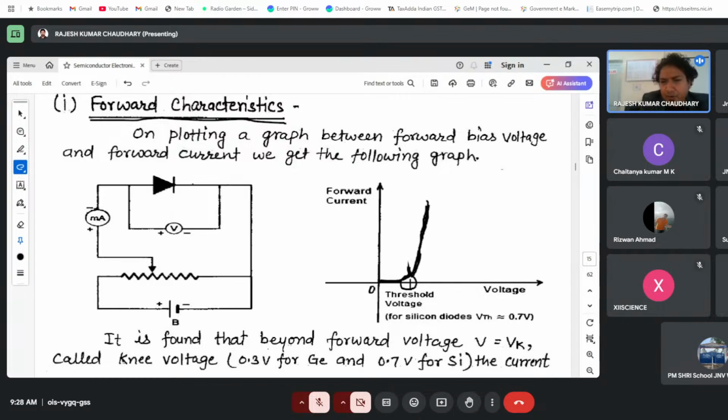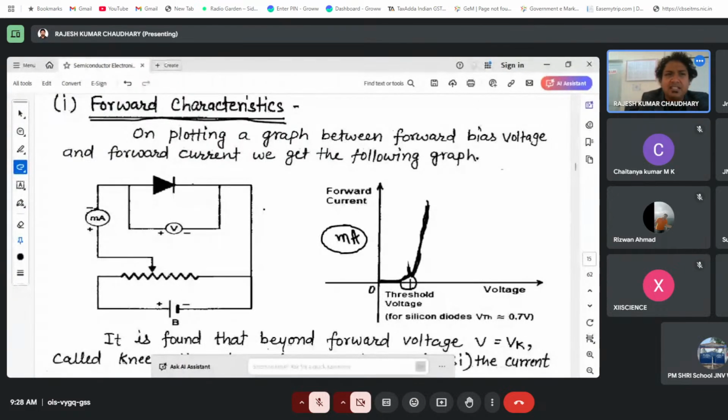Remember, in forward bias your current will be in milliampere. Remember that this is very important in forward bias, because we also have a practical from this topic. So in forward bias the current will be in milliampere. Got it? And this graph will be called the characteristics graph.